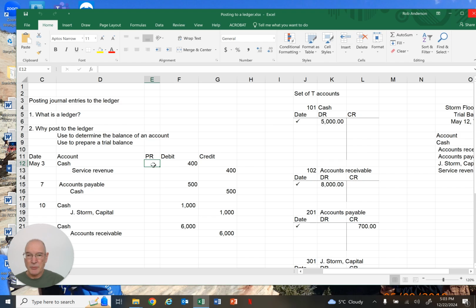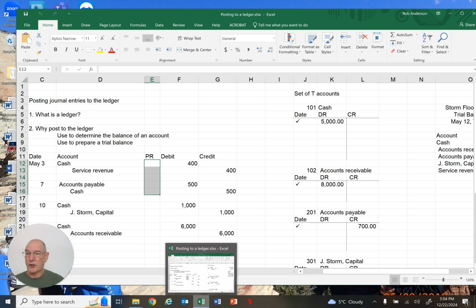If I had the PR column filled in all the way to here, I would know I've done those, but I haven't done this transaction here. Okay, so that was the historical use of it. And as an accounting student, you can do the same thing. If you had to do an exercise like this, you could post all these, put in the number, and then you could go have supper and then come back to it later.